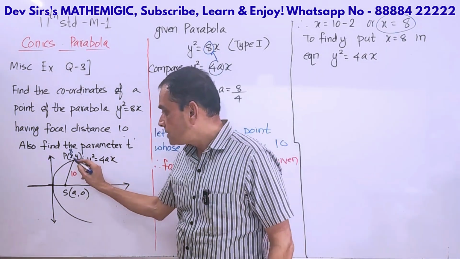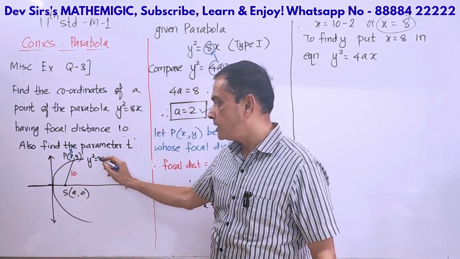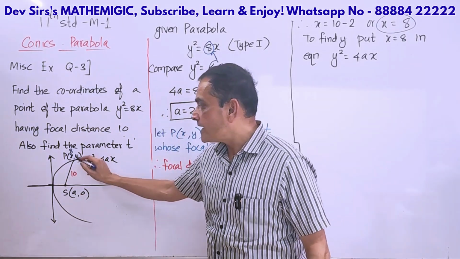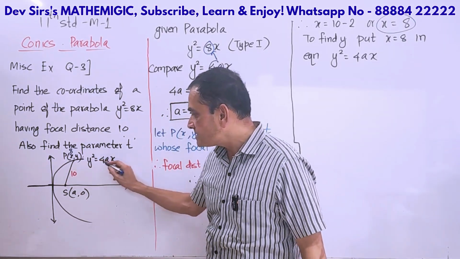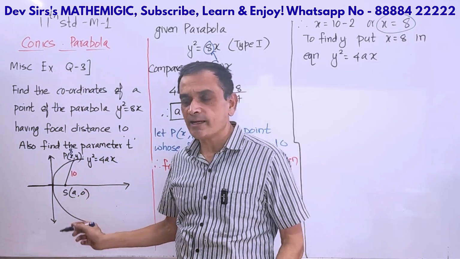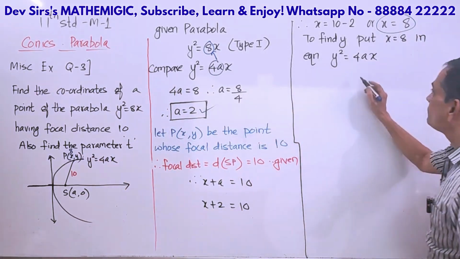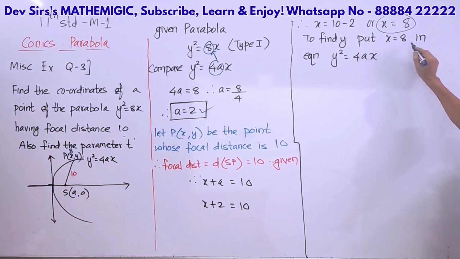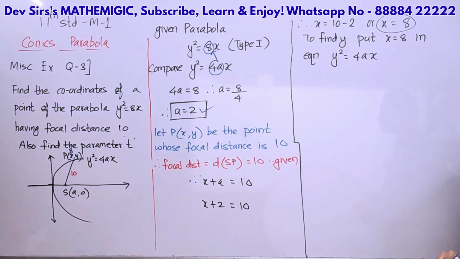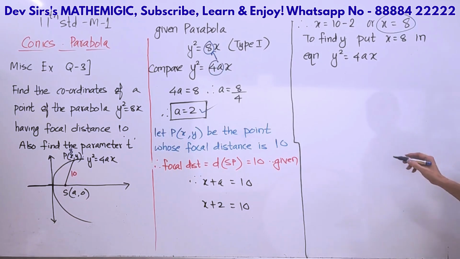This point lies on this parabola, so the x and y values satisfy the equation. As simple as that. So to find y, put x equal to 8 in the equation of the parabola. Let us go ahead.